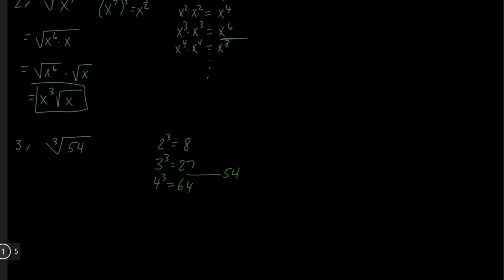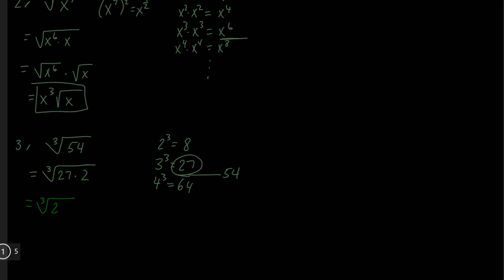the list. So what we're looking to do is see if 54 has any factors that are perfect cubes and break it down into a product. We can see here that 27 is a factor of 54. So we can break this down into the cube root of 27 times 2. And again, this works the same way.